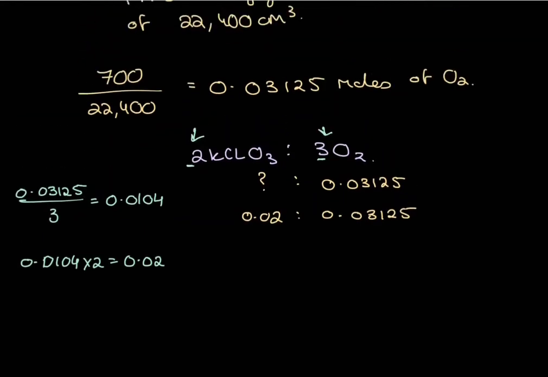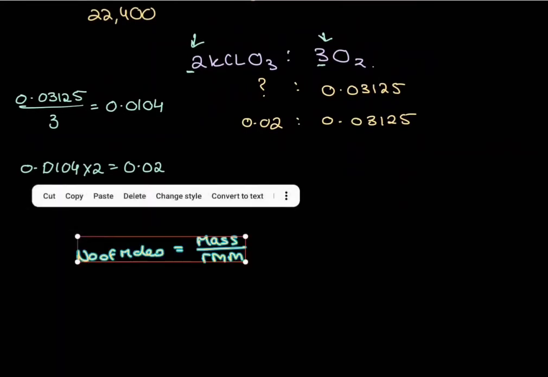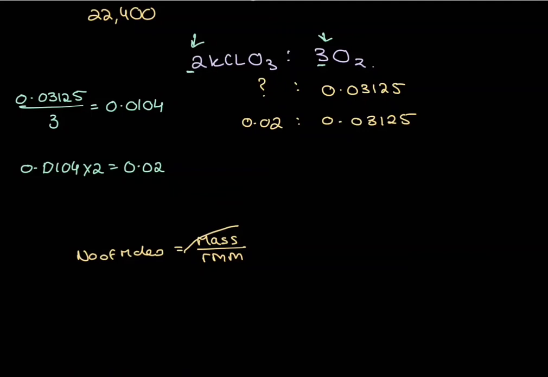Okay, so back to this equation again. The number of moles is 0.02. I need to figure out the mass, and the relative molecular mass of the potassium chlorate is here. We'll do it on the side.